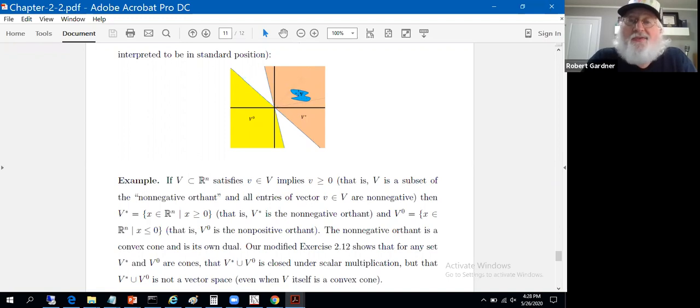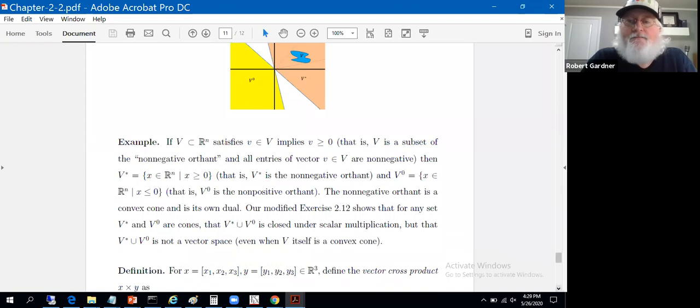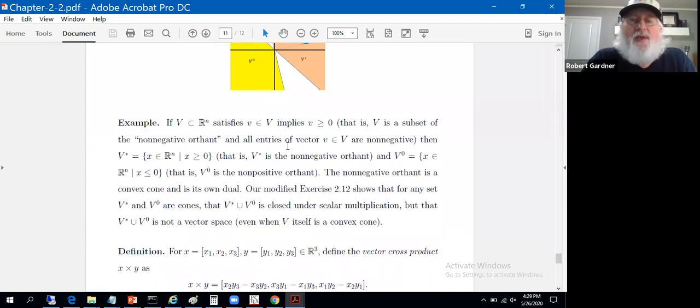So actually, if this included anything along the x-axis and the y-axis, then this dual space would have to include only all of the first quadrant in 2 dimensions. Okay, so if we take this non-negative orthant as set V, then it's its own dual, sometimes called self-dual.